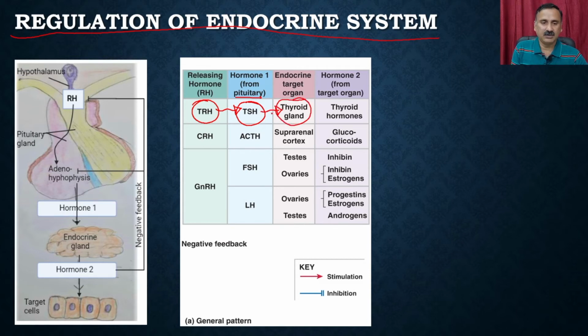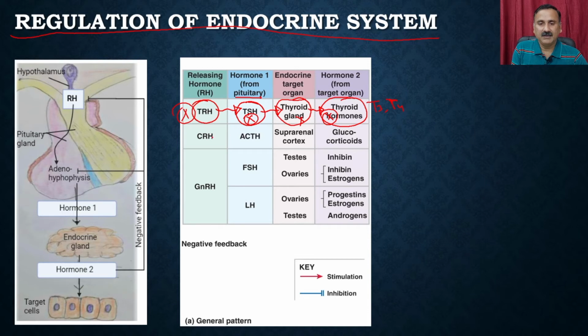So once it binds to the thyroid glands, it is going to produce the thyroid hormones T3 and T4, right? So what you see here is there is a complete loop. If there is no production of TRH, there will be no production of TSH, there will be no production of thyroid hormones, and so on.